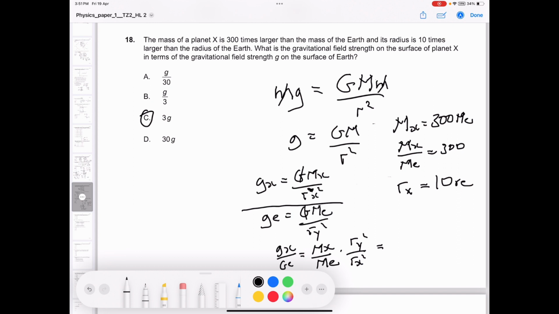So this is equal to 300 times 1 over 100. Of course this goes as 3. So gx is equal to 3 ge. So the answer is C, 3g.